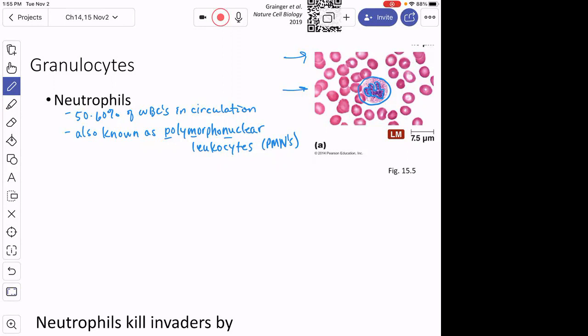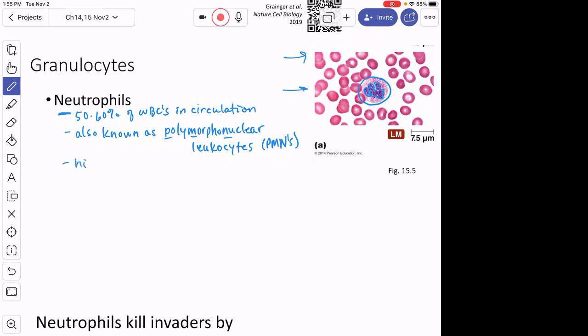But technically, PMNs are eosinophils, basophils, and neutrophils. But because neutrophils so outnumber those other cells, we often use that term PMN synonymously with neutrophils. Okay, so usually we use those the same.